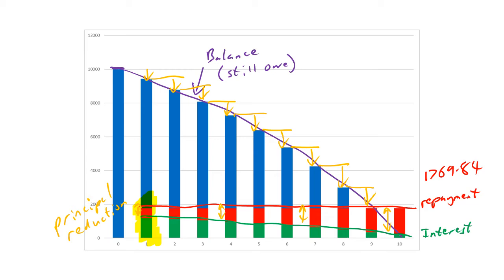So most of what you're repaying is interest. Whereas in the middle part here, most of the repayment is now going on principal reduction rather than the amount of interest, until the final payment is almost all just getting rid of the principal and not the interest. And that's how a loan progresses.